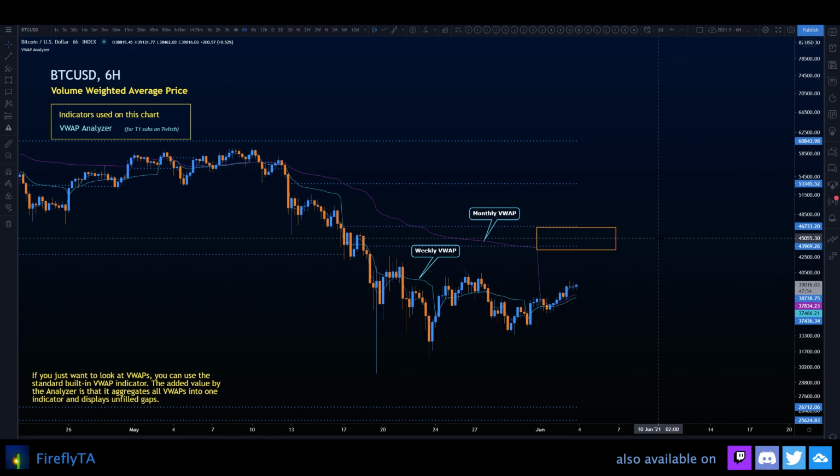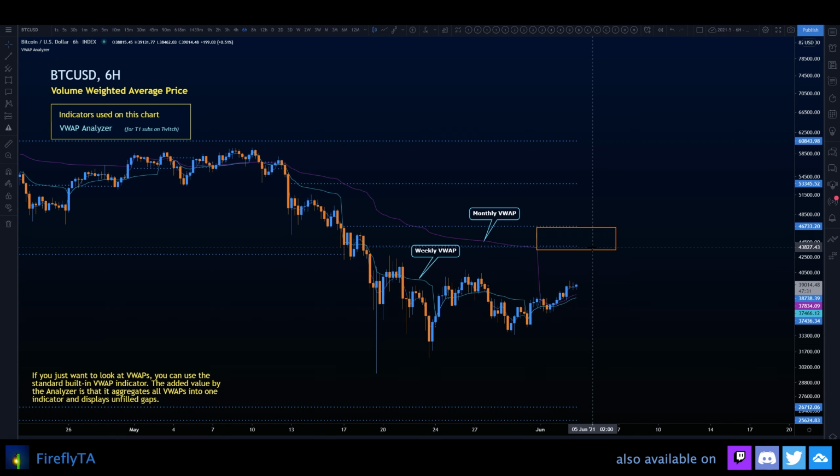This is called a VWAP gap, and these gaps are filled very frequently by price returning to that level. As you can see, price is currently on its way, and this is a legit target. We have to watch this level.